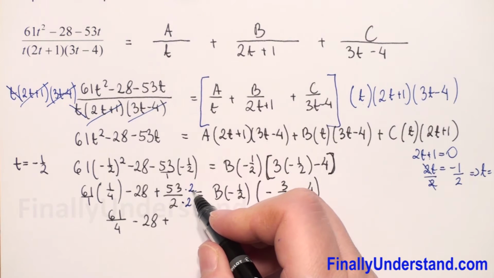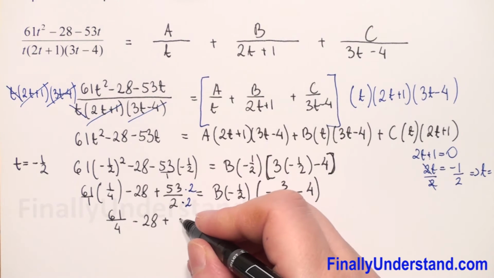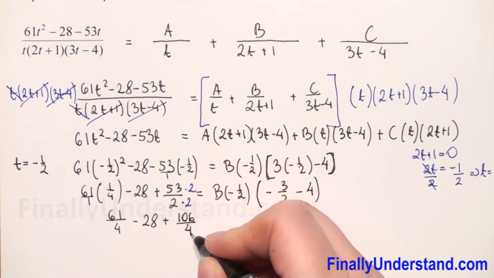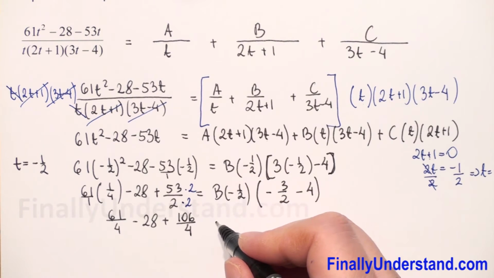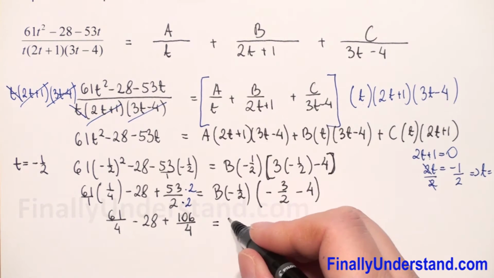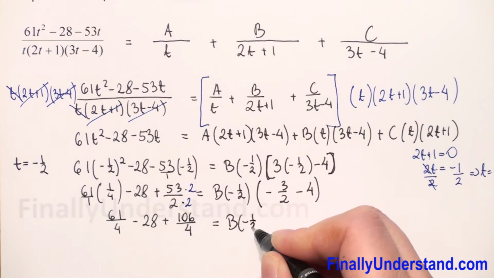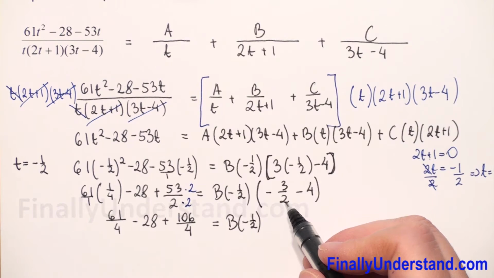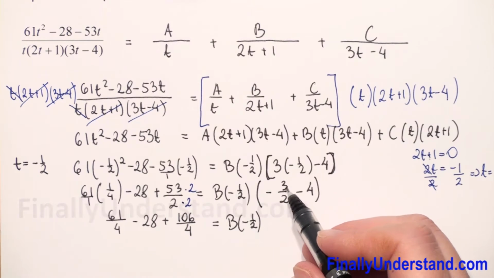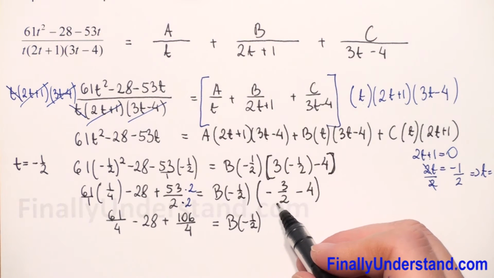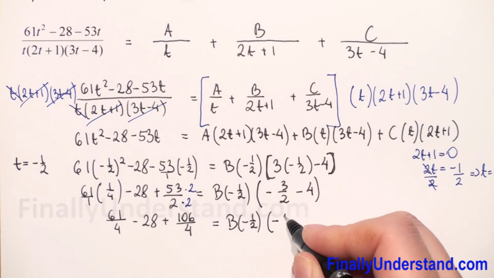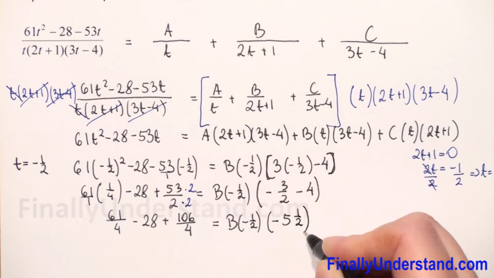So 53 times 2 will be 106/4. 2 times 2 is 4. So this is equal b times negative 1/2. And now we will have here negative 3/2 is 1 and 1/2. So we have negative 1 and 1/2 and negative 4, so it will be negative 5 and 1/2.